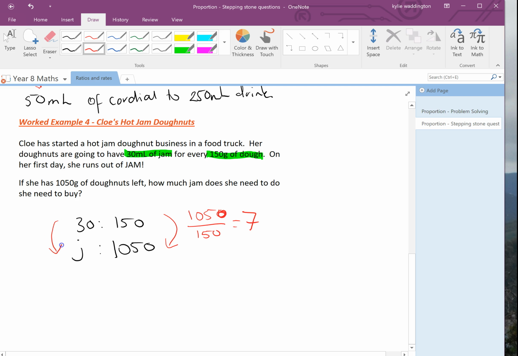We multiply the other side by 7, and that gives us 210 milliliters, because 7 times 3 is 21. Put a 0 on the end of it, that gives us our 210 milliliters of jam. Quite important to make sure that we include what we are measuring.